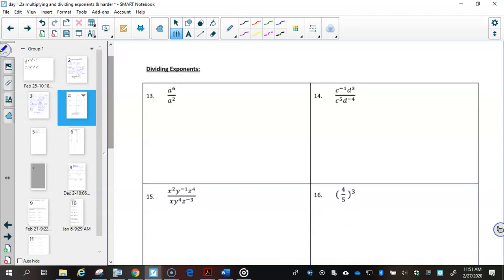So if we are subtracting now, I can rewrite this as a to the 6 minus 2. So a to the 4. Just to show you that this still works with the expanding, we won't do this for all of them. If I had 6 a's here and 2 a's here, I could divide this by saying these are the same, and I have 4 left. So the expanding method still works. It will just be a lot.